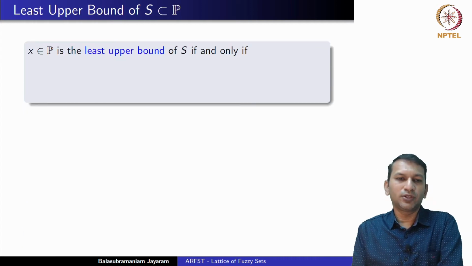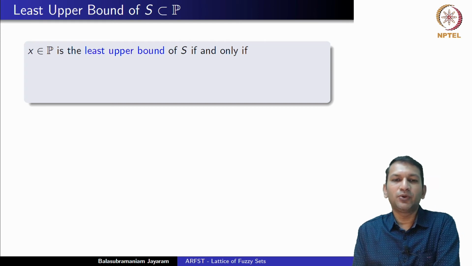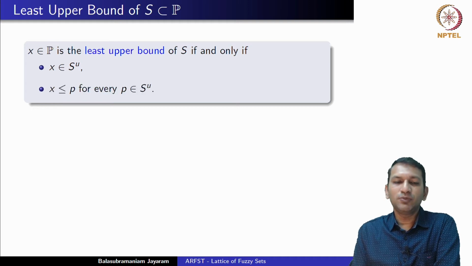Let's move on to the concept of least upper bound of a subset S. An element X from P is said to be the least upper bound of S if, firstly, X should be an upper bound of S, and it should be the least of all the upper bounds of S. That means it should be smaller than every other upper bound of S with respect to the ordering that we are considering.